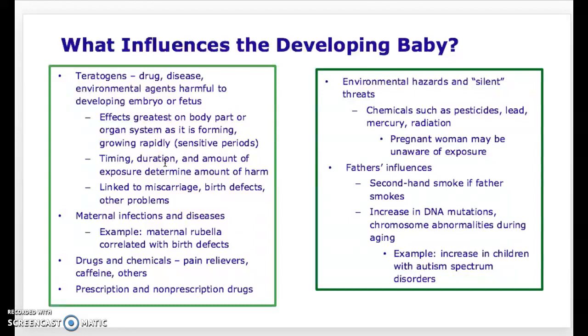Maybe they're taking medications for bipolar disorder or asthma or diabetes, and these all have to be documented and reviewed with the physician to make sure they can be taken safely and not cause harm to the child. And there's been a tremendous amount of research and progress with this. Obviously, non-prescription drugs make things more complicated. So even some types of vitamins should be discussed with a physician when a mother is pregnant.